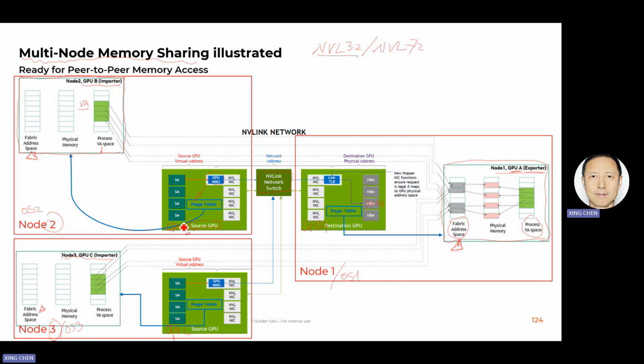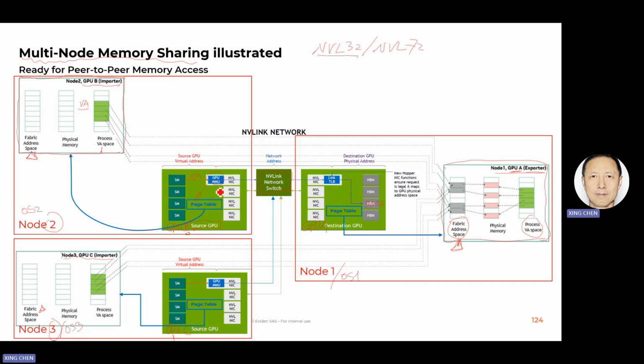Okay. And then this GPU MMU, memory management unit, is going to look for the mapping from the virtual address. Now, this streaming multiprocessor is going to try to use this virtual address to read the data from.